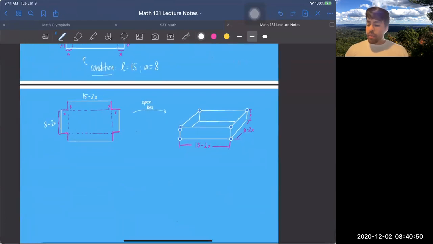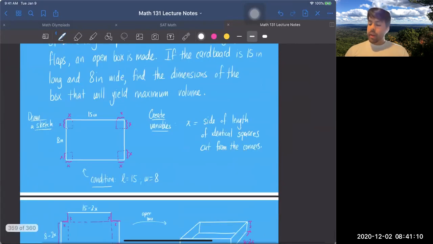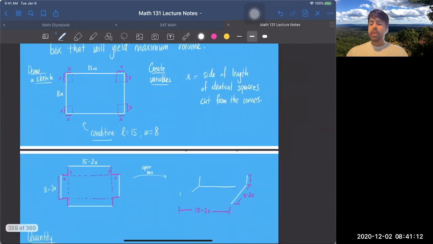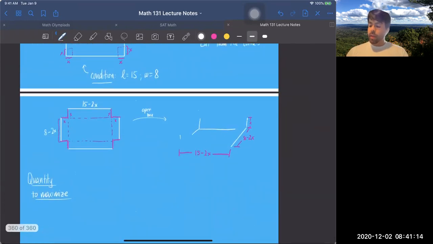So then what is it that we want to maximize? What's the quantity that we want to maximize? It says I want to find the dimensions of the box that will yield the maximum.